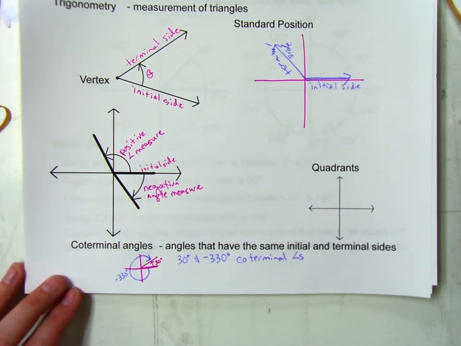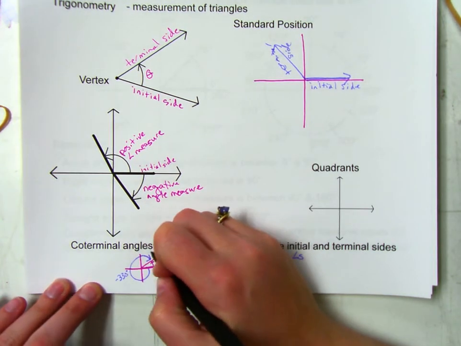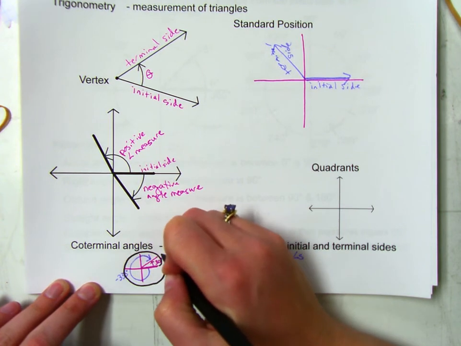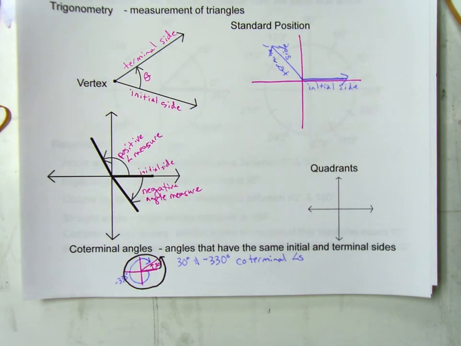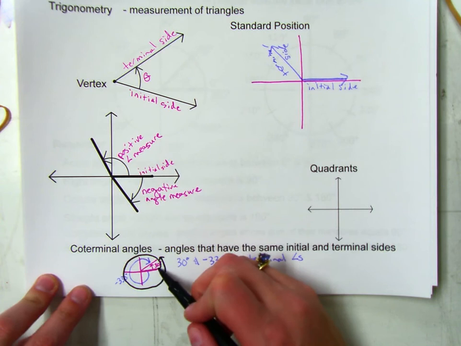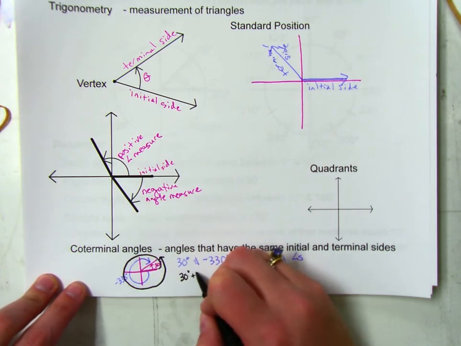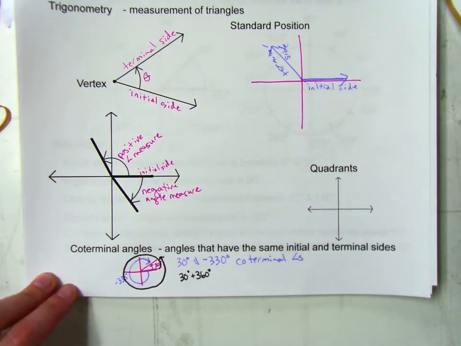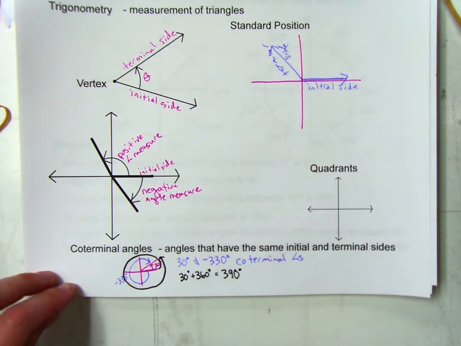In addition, if I did more revolutions around the circle, so I started at my initial side and did an extra rotation around the circle, and circles, as we know from geometry, are 360 degrees, 30 plus 360 degrees would get me a second coterminal angle of 390 degrees.